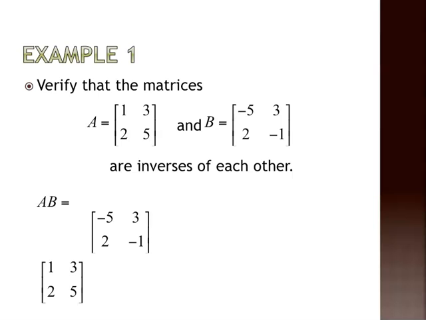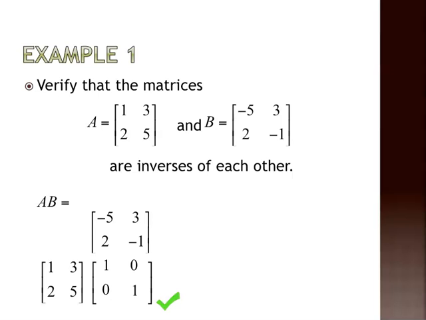So 1 times negative 5 plus 3 times 2, that's equal to 1. 1 times 3 plus 3 times negative 1, that's 0. 2 times negative 5 plus 5 times 2, that's 0. And then 2 times 3 is 6, plus 5 times negative 1, that's negative 5. That's going to be equal to positive 1.